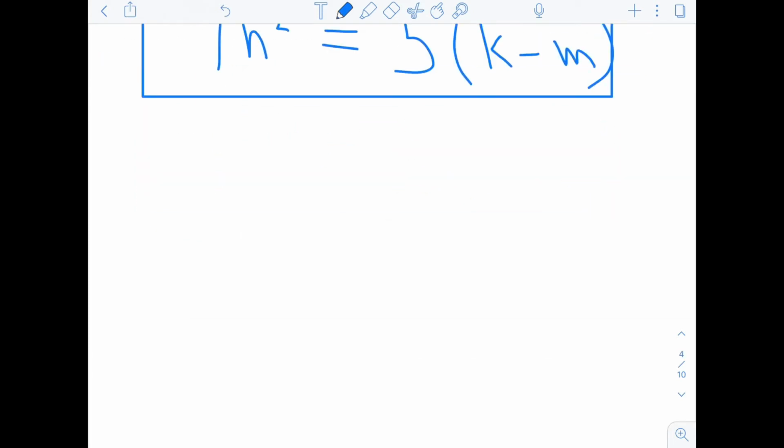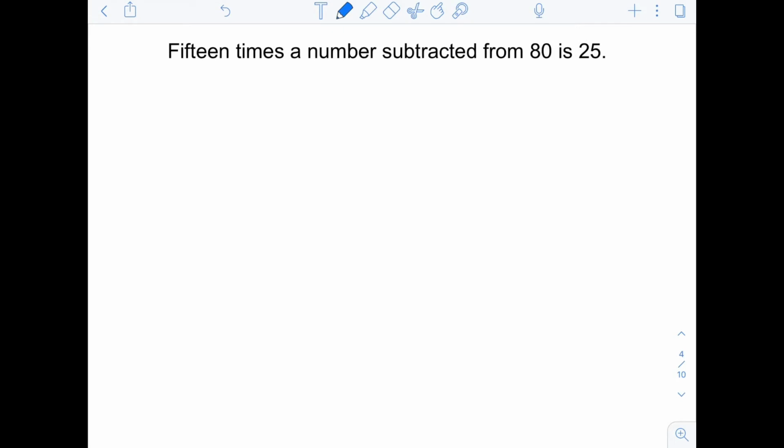Let's do another example. 15 times the number subtracted from 80 is 25. Let's start with the first part, 15 times a number. Remember, we're going to use the variable n for number, and 15 times n is just 15n. The second part is subtracted from 80.